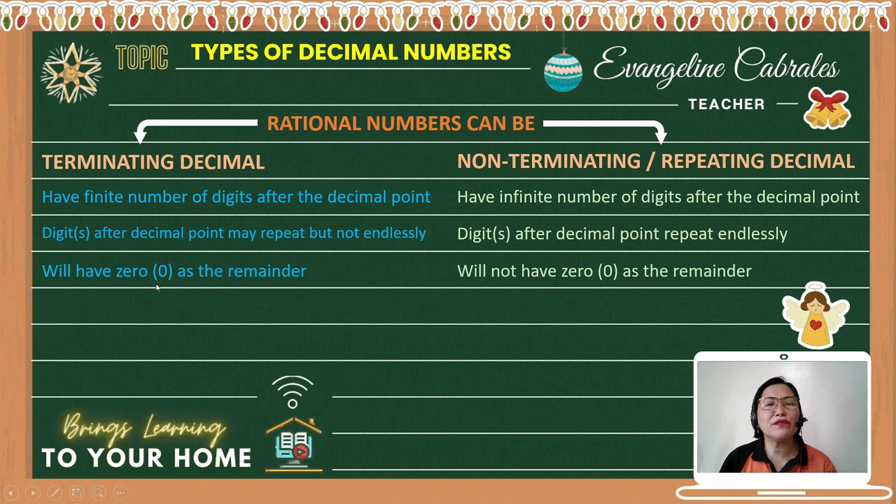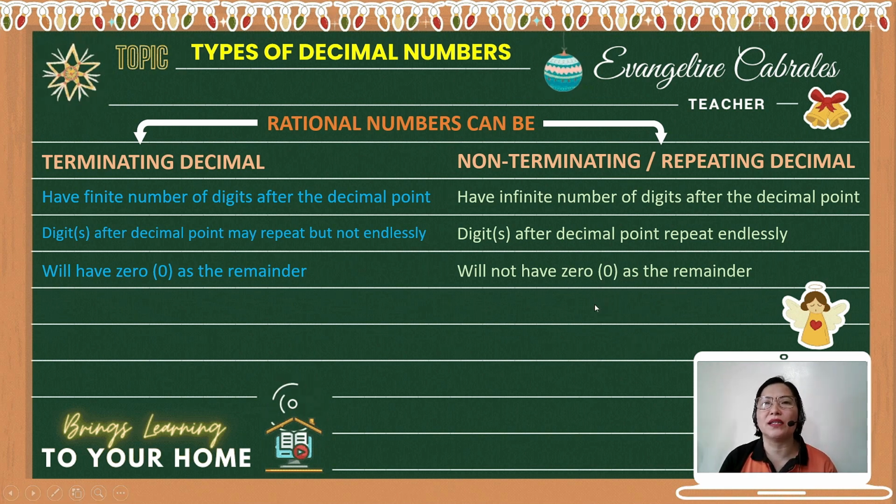So, kapag nag-divide ka at nagkaroon ka na ng 0 na remainder, hindi ba tumitigil na o tapos na ang pag-divide? Pero kapag may decimal sa sagot, yon ay terminating decimal. Pero siya ay non-terminating or repeating decimal kapag walang 0 sa remainder. Ibig sabihin, ang remainder ay 1, 2, 3, 4, 5, 6, 7, 8, or 9.